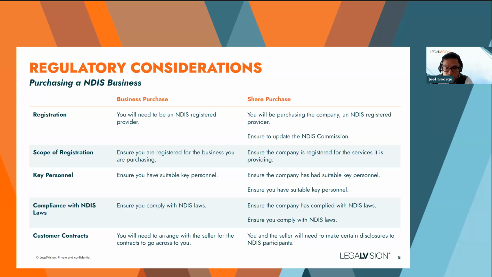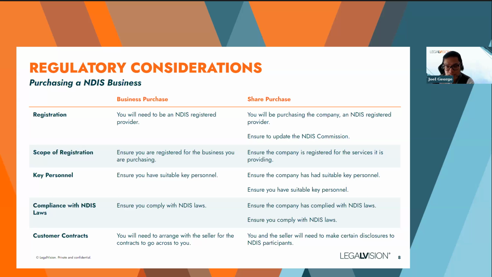And finally, compliance with laws and customer contracts. Compliance with laws, you need to make sure that the company has been complying with laws because you are inheriting the company for better and for worse. So you just want to do that in due diligence. And obviously post-sale, you need to make sure that you continuously comply with NDIS laws. For the customer contracts, because you are buying the company, you will be inheriting all the contracts to which the company is a party.